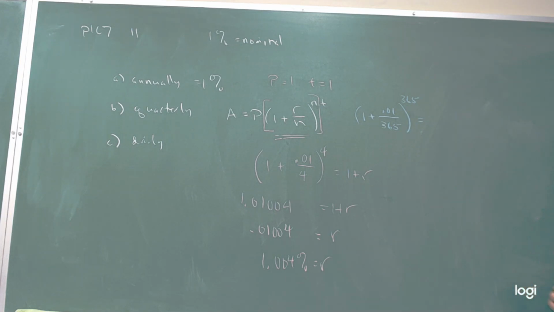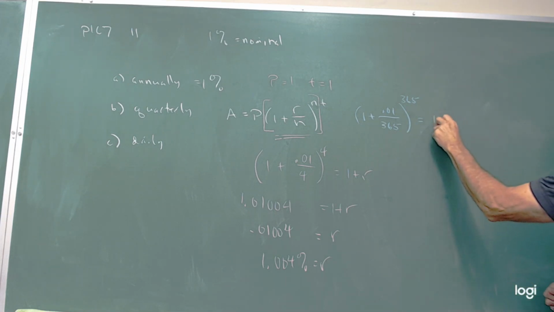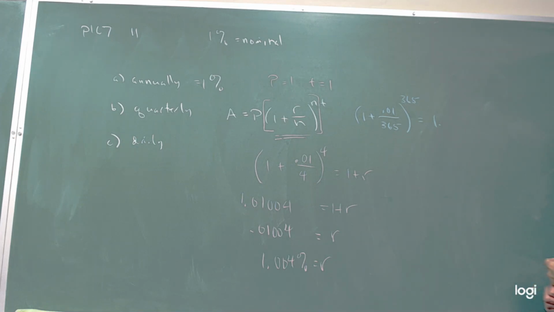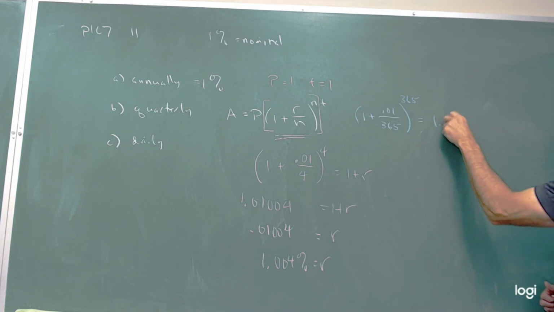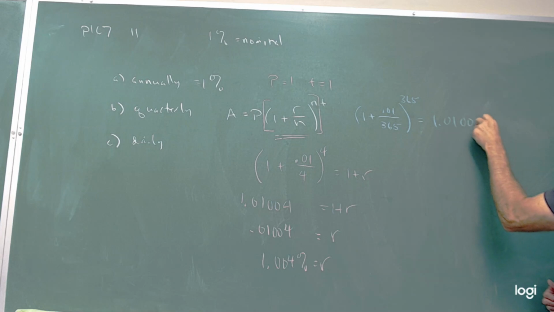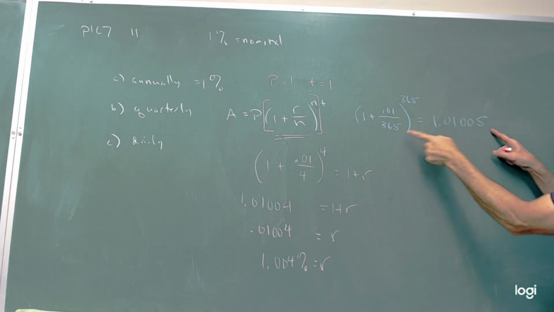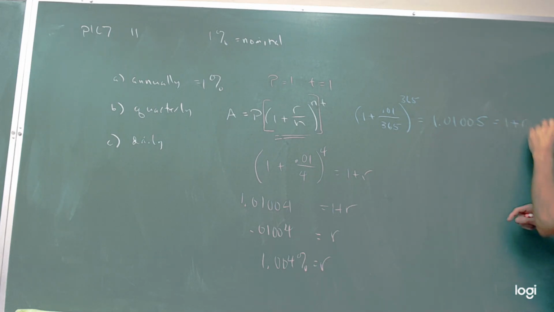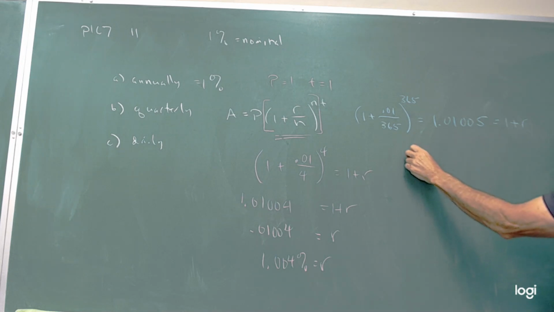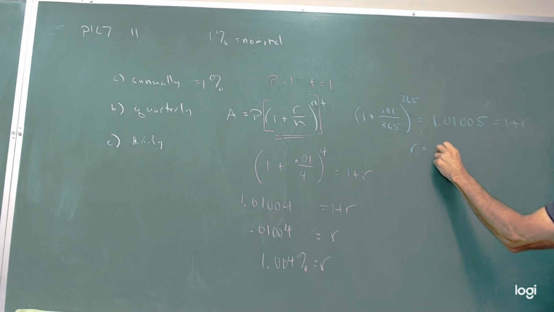When you get it, you can go 5 places past the decimal. Heidi, you have it already, or Katrina? Yes, it's 1.01005. So again, this is our 1 plus r, so we can subtract off the 1 and then make it into a percent.